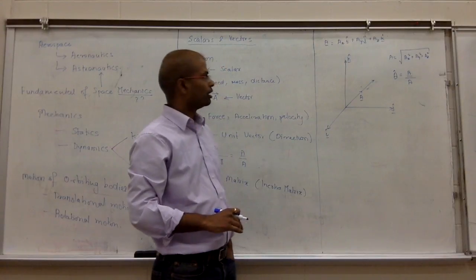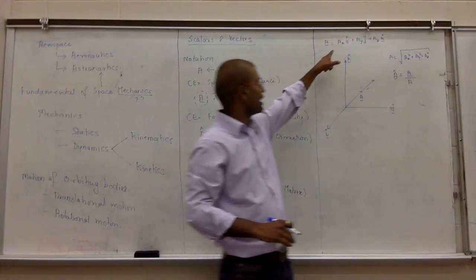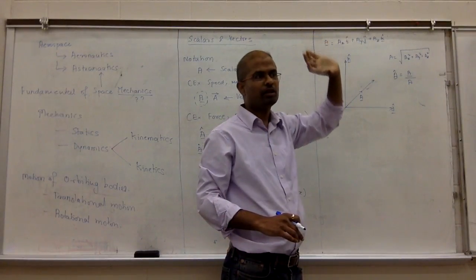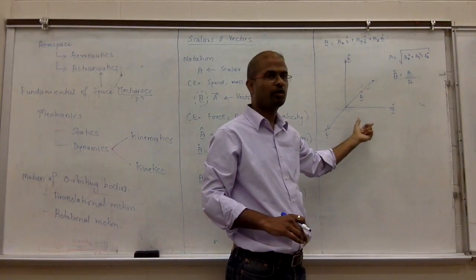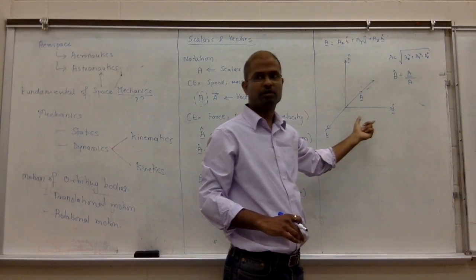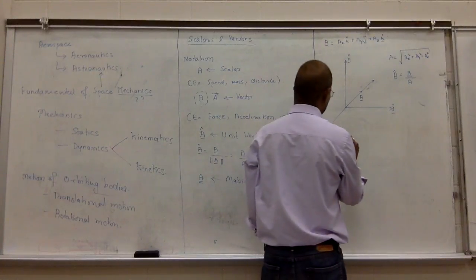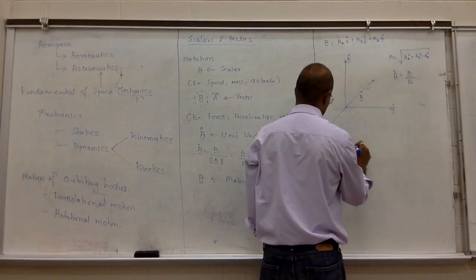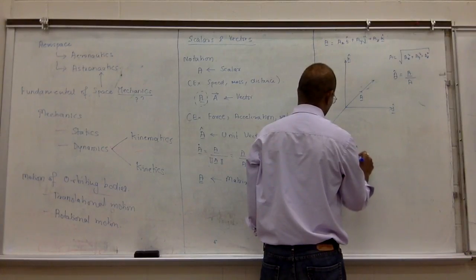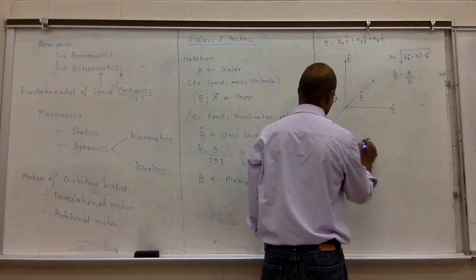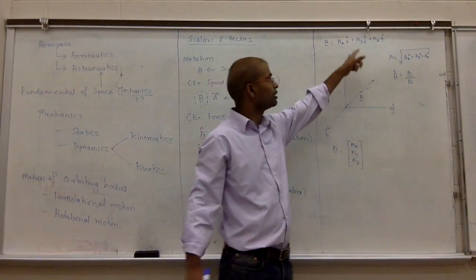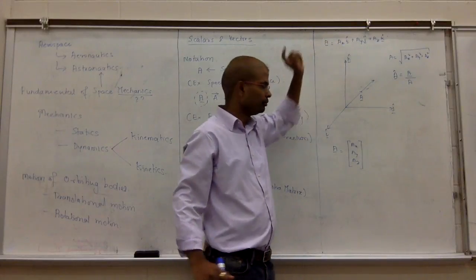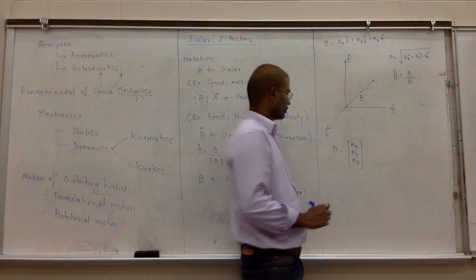Typically, what's going to happen is Ax, Ay, Az will be numbers, and i, j, k will be the basis, or the coordinate system in which you coordinatize that. So here we will generally use this notation, Ax, Ay, Az, which is equivalent to this.